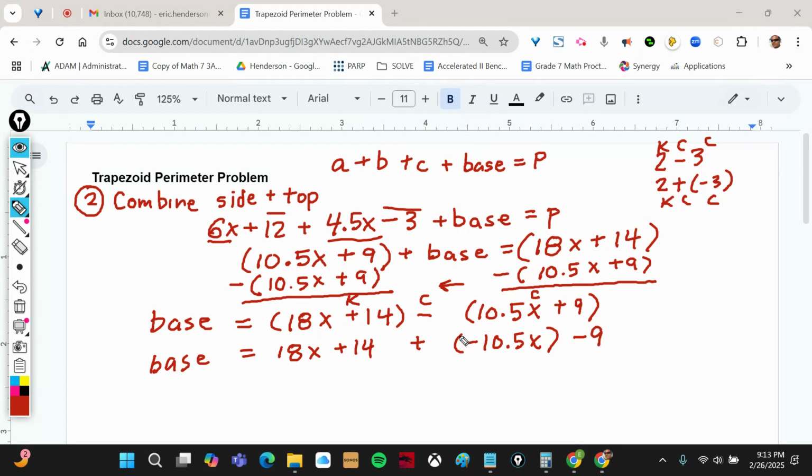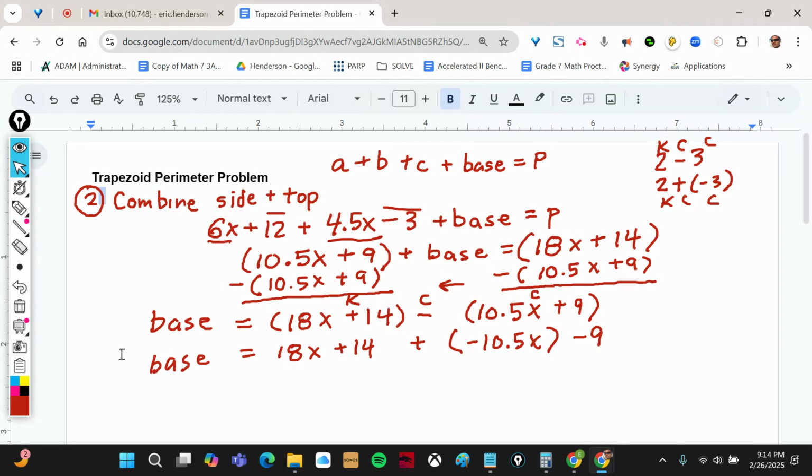We put the negative 10.5x in parentheses because it's now next to a plus sign, and it looks weird if you have a plus minus. So to separate it, we put the parens there. I'm gonna pause it right here so you can digest that.